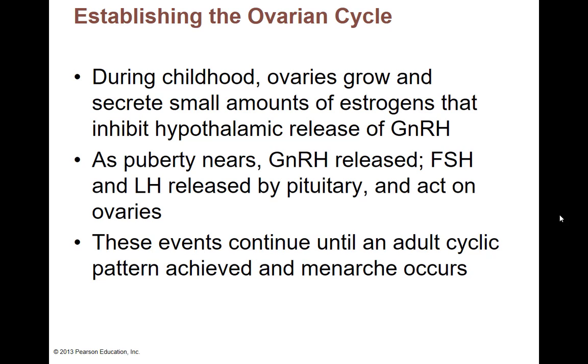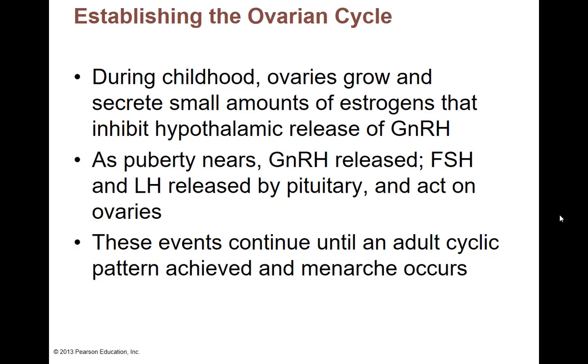And where is the gonadotropin-releasing hormone made? Where's it made? Hypothalamus. It's like lab questions. That's why I didn't write it up here. So around the age of 10, the hypothalamus is going to start to release the gonadotropin-releasing hormone.